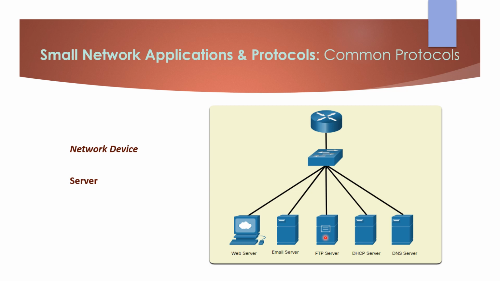They can get from the DHCP server the IP address, subnet mask, default gateway, and more. And as for the DNS server, the Domain Name System resolves a domain name to an IP address and will even provide the IP address of a website to a requesting host.